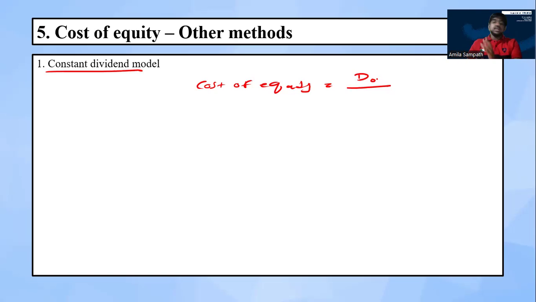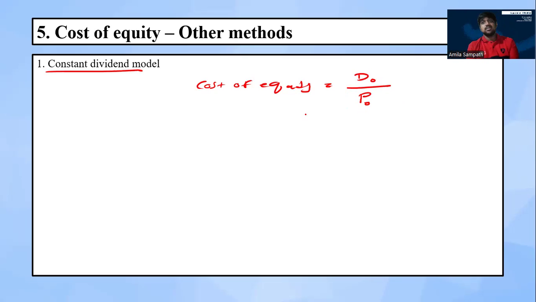For each year they pay a constant 1 rupee. Then D0 divided by P0, the market price per share. Per share dividend divided by the per share market price gives us the cost of equity based on the constant dividend model.